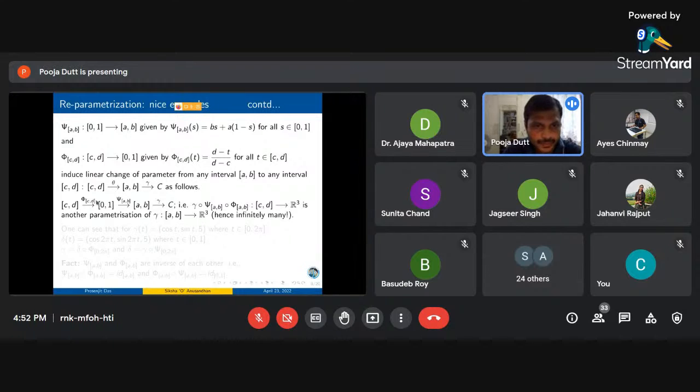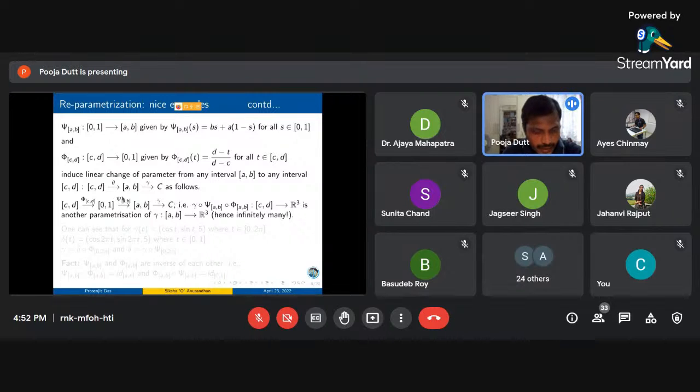Here is the process. So we have psi, we have phi, and the curve initially you take from AB to C. My aim is to change the interval to CD, get a function theta, and I will be sticking to linear functions. In that case, my plan is to convert the interval to 0, 1.